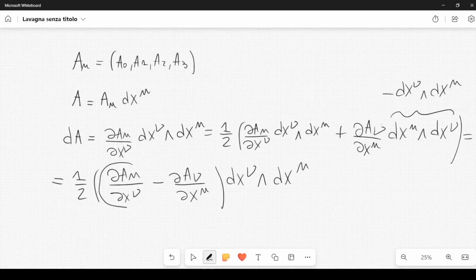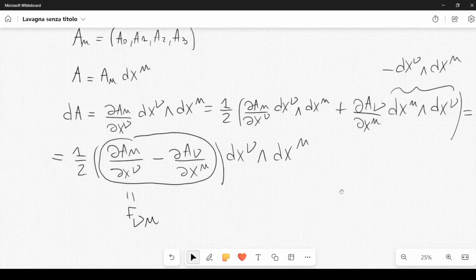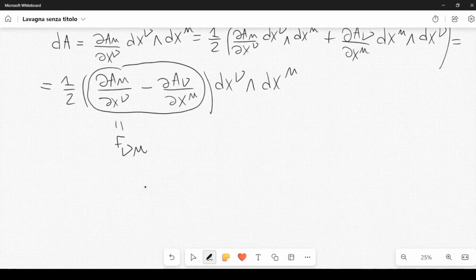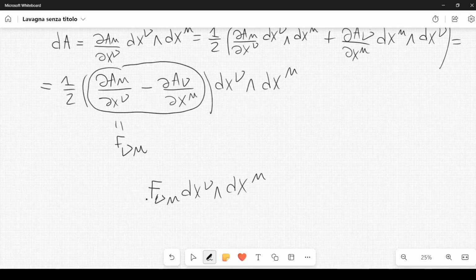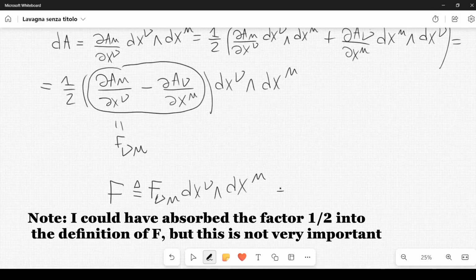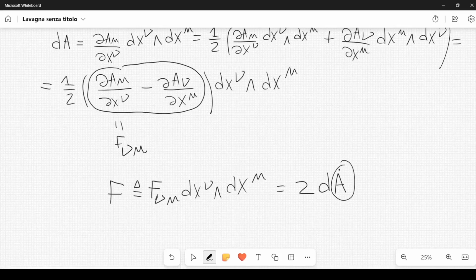And I define this object here as the electromagnetic tensor F nu mu. So I start with nu and then mu. It's a definition, and we see that F nu mu multiplied by this dx nu wedge dx mu, I can define it to be equal to a two form F, and this is also equal to twice the differential of A, so the exterior derivative of A.